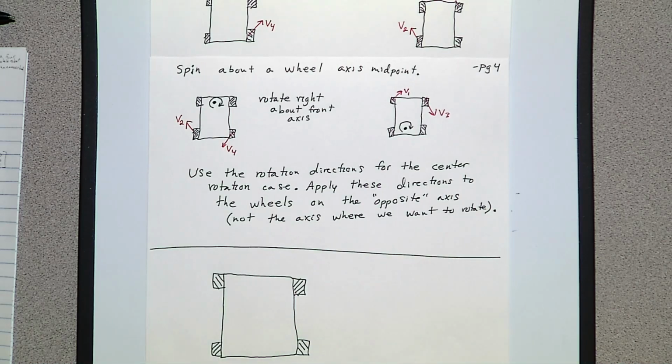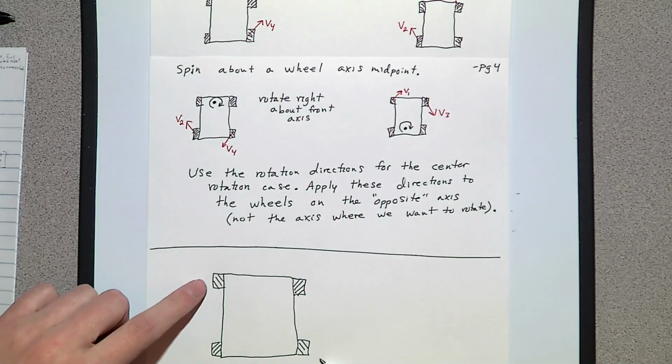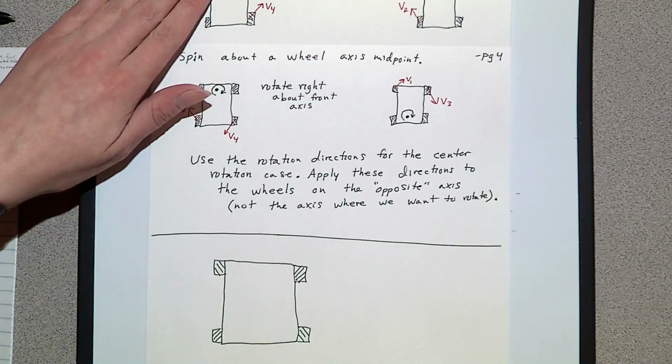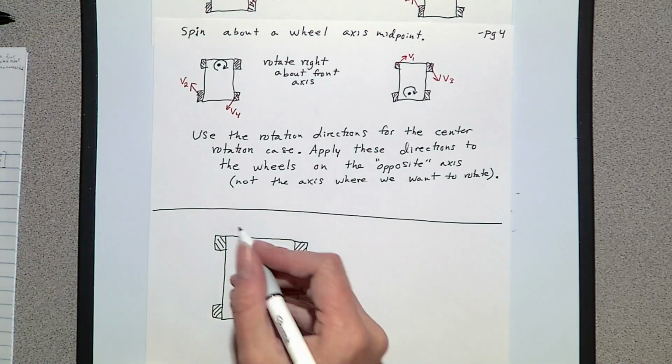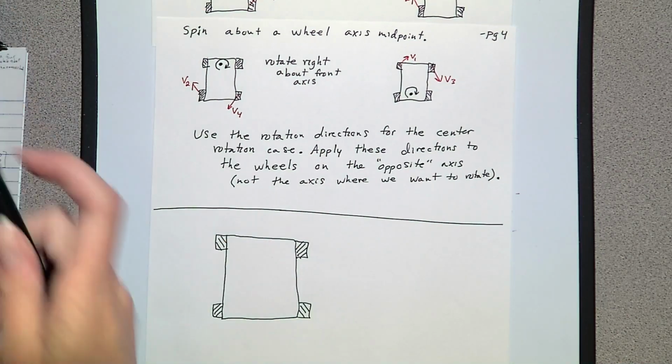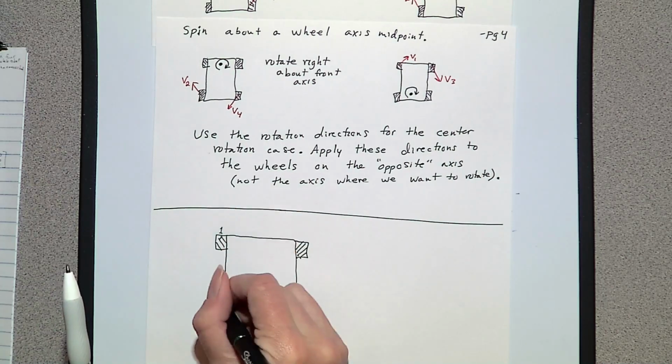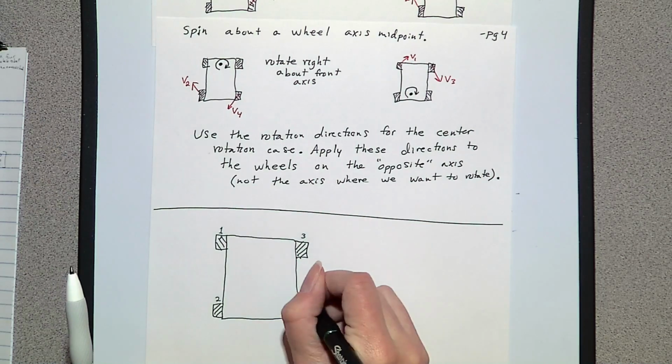I guess a quick, easy way for sketching these is you notice that all of the axes point towards the center of the robot. So this is wheel 1, 2, 3, and 4.